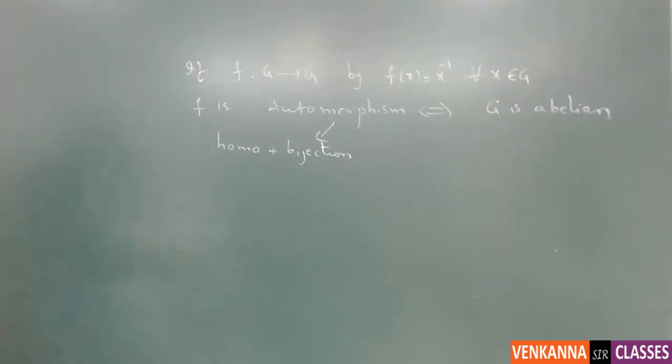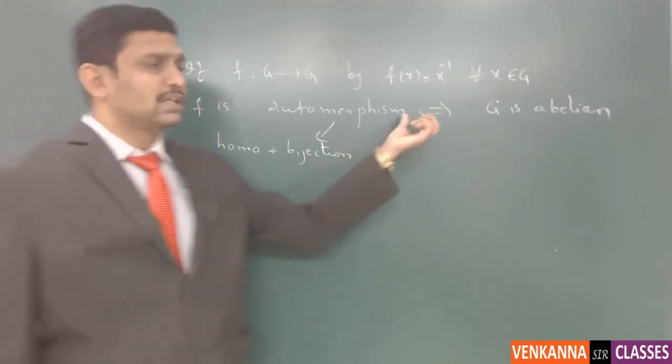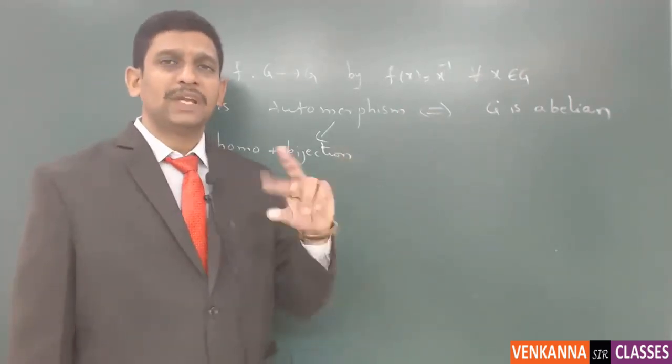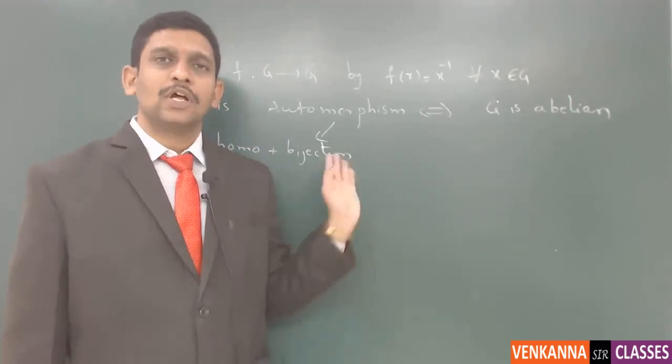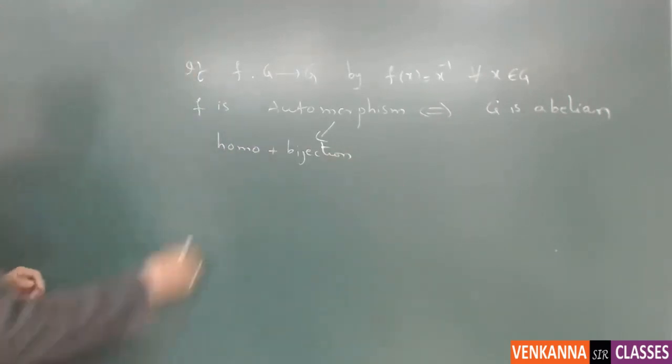Is the context clear for everyone? Right? Since it is an if and only if condition, it has two parts to prove. So let us consider the first part. So we assume this.